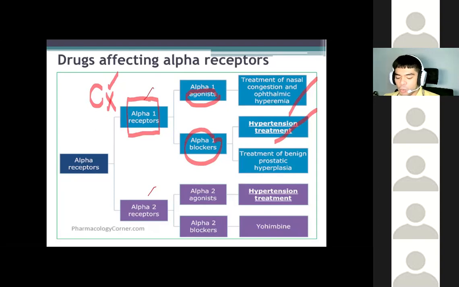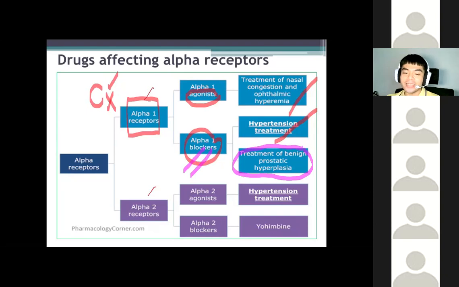Listen. What about sa benign prostatic hyperplasia? Ang benign prostatic hyperplasia ay prostate enlargement. Question, based on what I have discussed so far, do you think may clinical value, may magandang effect ba sa clinical setting pag gumamit tayo ng gamot na nagbablock ng alpha-1 sa taong may BPH? Yes, meron.